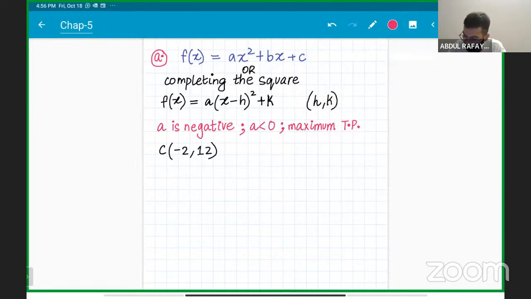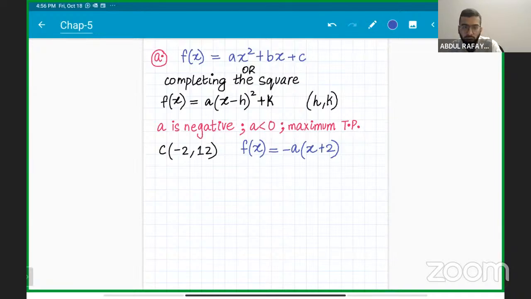So it will be very simple now. It's the opposite way that we have to go. It will be f(x) equals minus a. We don't know the value of a, but we know that the h value is -2, so inside the bracket it will come as +2.